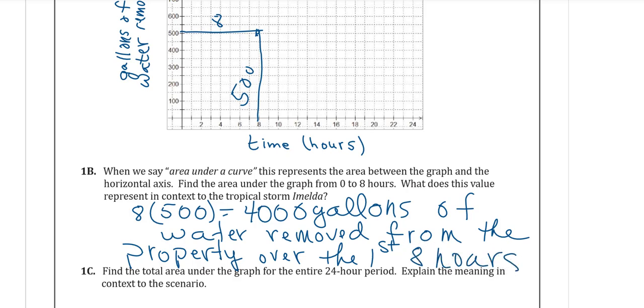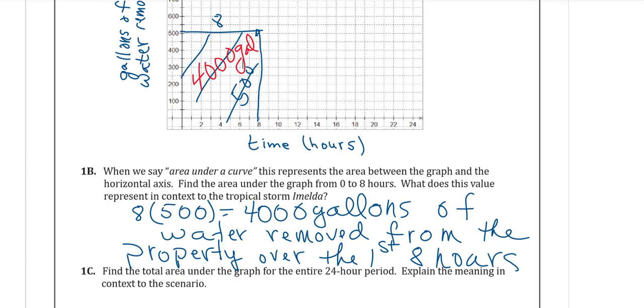Okay, so next we're supposed to find the total area in the graph for the entire 24-hour period and explain the meaning in context. So we already know that this section is 4,000 gallons.